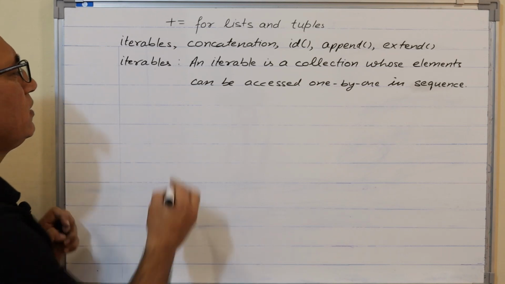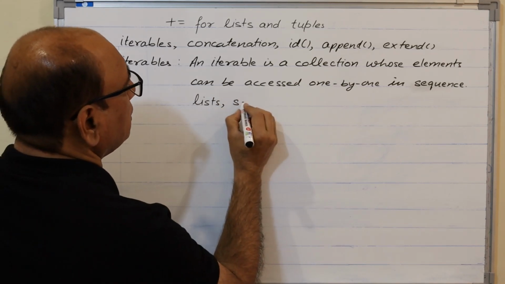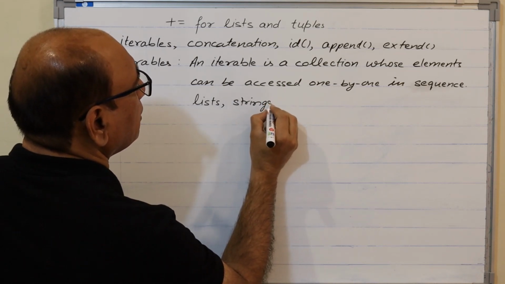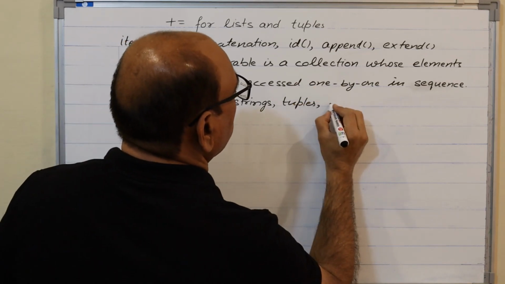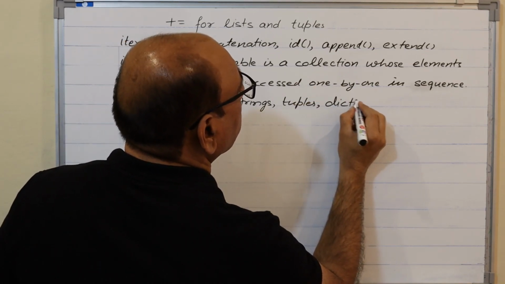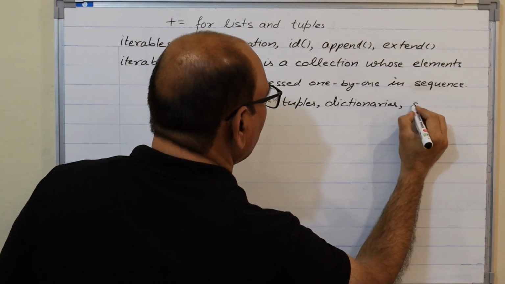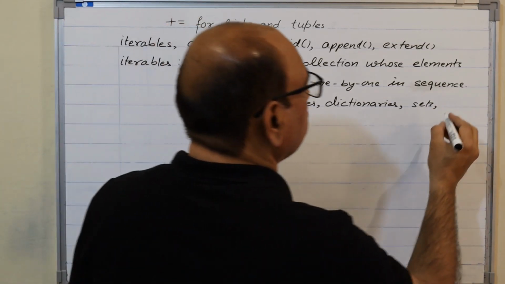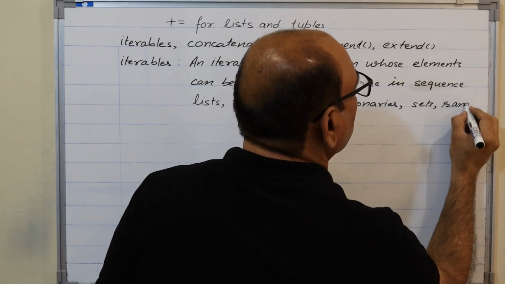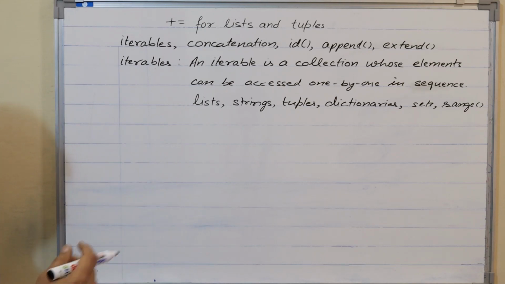For example, lists are iterables, strings are iterables, tuples are iterables, dictionaries are iterables, and sets are iterables, and the sequence generated by range function is also an iterable. So these are iterables, their elements can be accessed one by one in sequence.